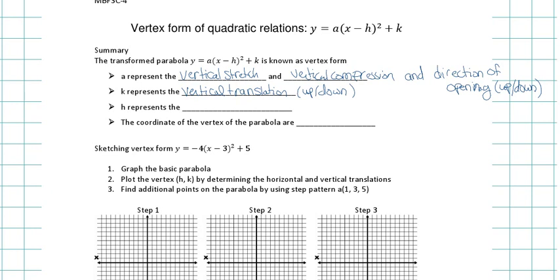And h represents the horizontal translation. And it could be left or right.